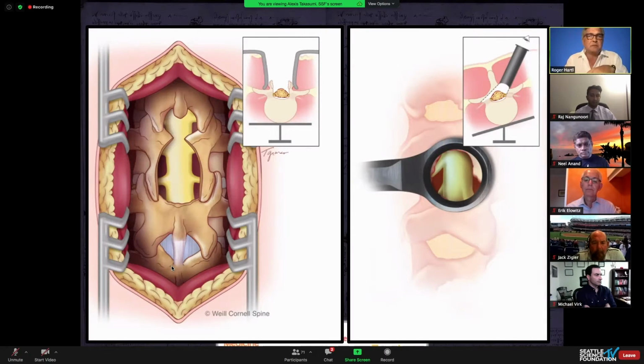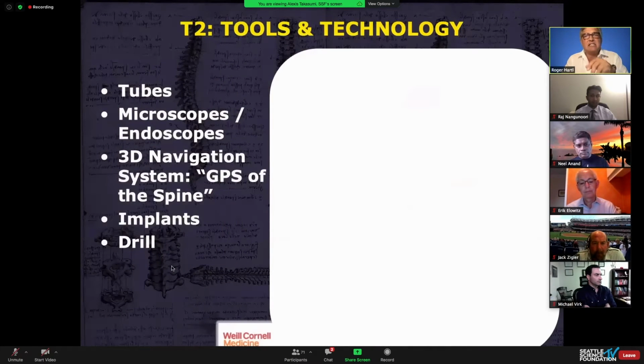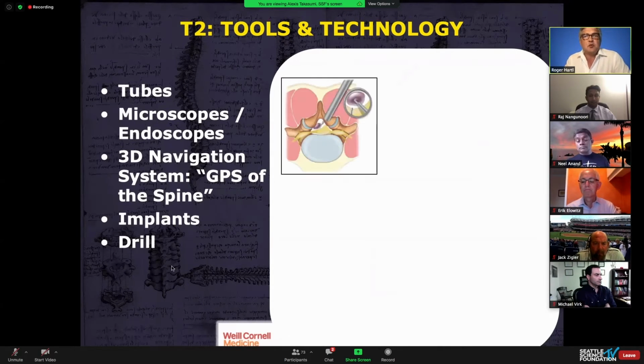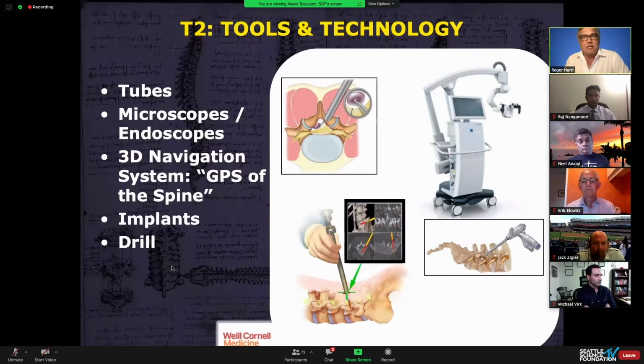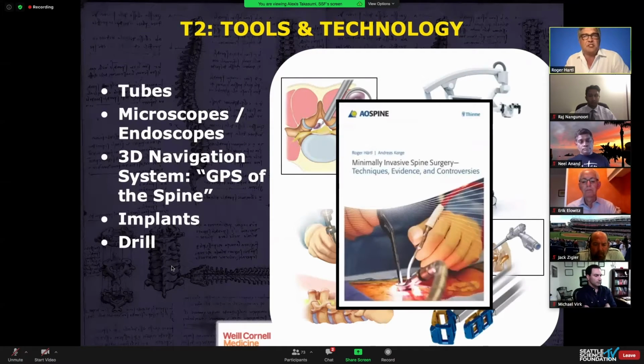And again, these are really the principles on which the MIS idea is built. Preserve stability, bilateral decompression through unilateral approach, and indirect decompression via cages, usually from the side, from the front, or obliquely. Tools and technologies, we're all familiar with that, and I'm not going to go too much into that.